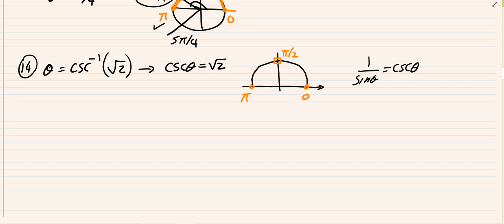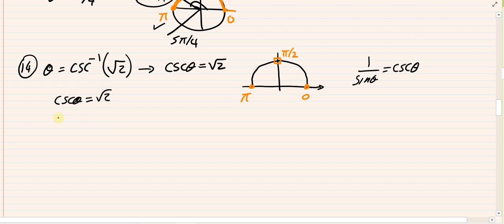Now the measure of the angle itself. If cosecant theta is root 2, that means sine theta must be 1 over root 2, because cosecant is 1 over sine. Now I'm going to search for which special angle has sine 1 over root 2. That's going to be, again, a 45-degree angle. So sine is positive here at 45 degrees, and sine is positive in the first and in the second quadrant.